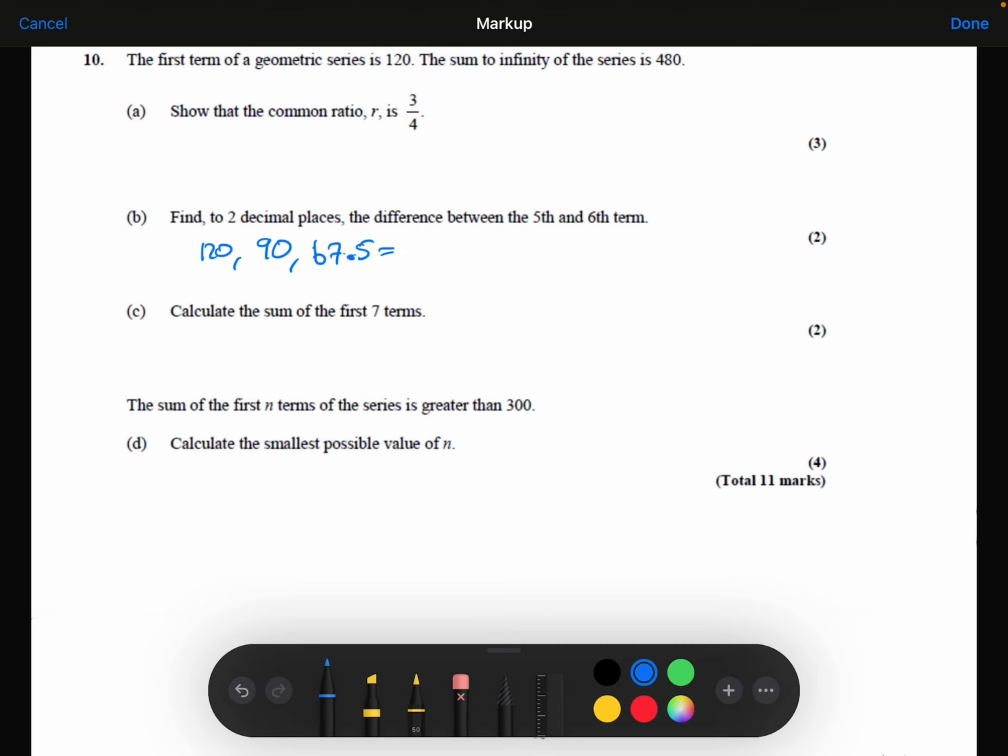which again, I'm going to multiply by 3/4 again to get the 4th term. And again for the 5th term. And one more time for the 6th term.